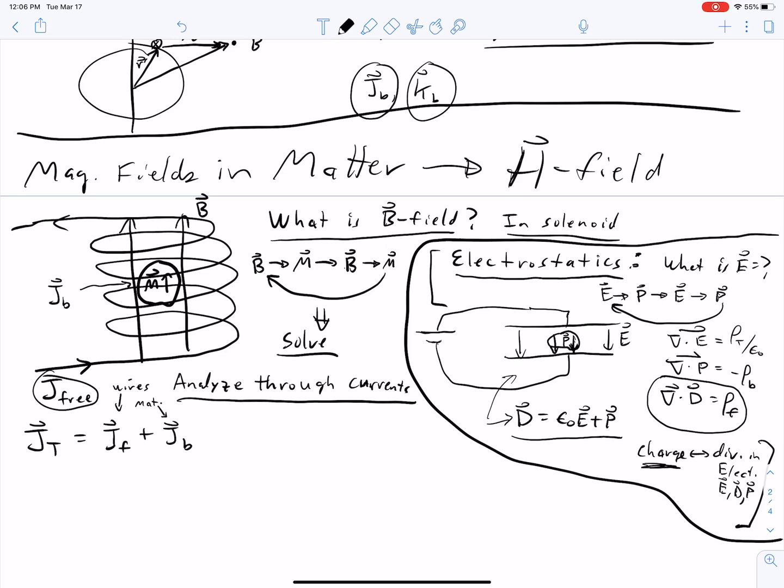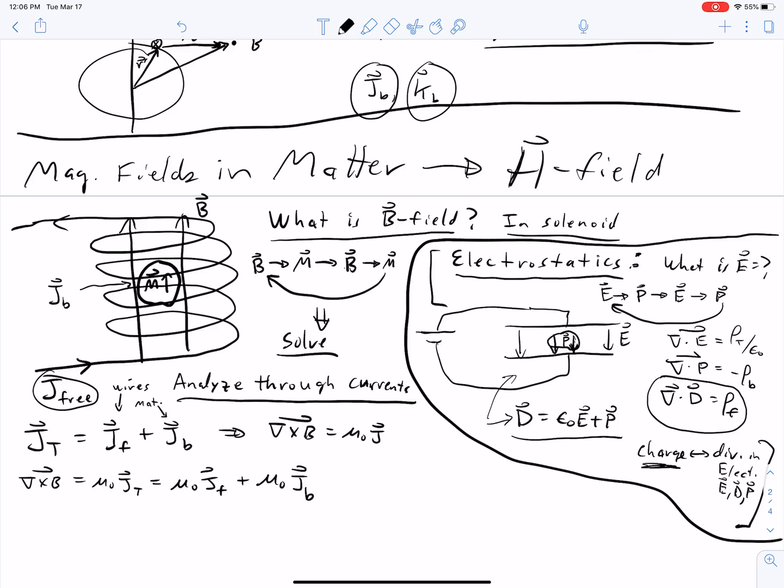So what we do then is we can now do a very simple thing. We'll just use Ampere's law. We know that del cross B is equal to mu naught J. And so if I have the total B field, then that's the total current. And so I can say that del cross B is equal to mu naught J total, which is equal to mu naught J free plus mu naught J bound.